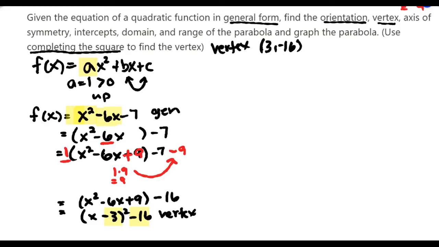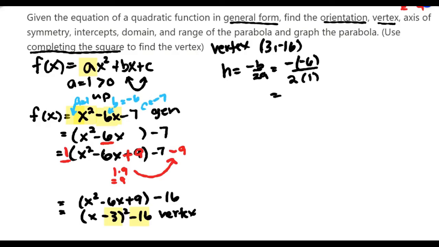Now there's an alternative way to find the vertex, and that's using a vertex formula. And the vertex formula is that the x-coordinate of the vertex is -b over 2a. And for our function, a would be 1, and b would be -6, and c is -7. So negative b, that's negative -6 over 2 times a, which is 1, would give a positive 6 in the numerator, 2 in the denominator, and that's 3.